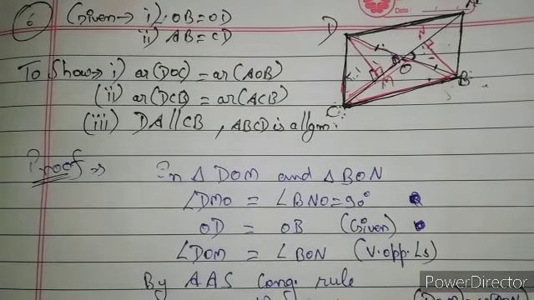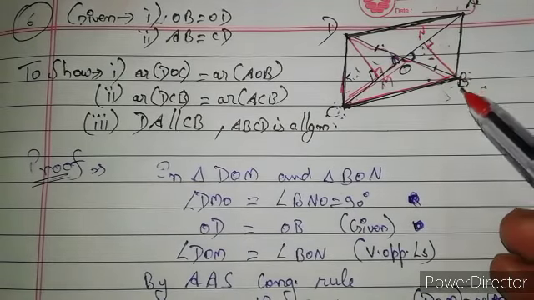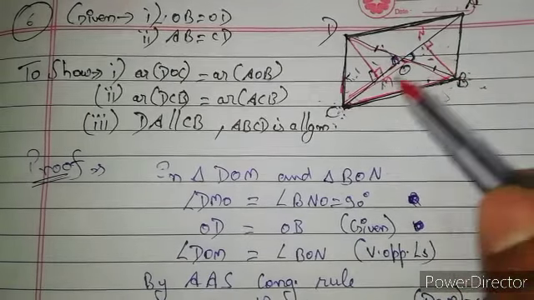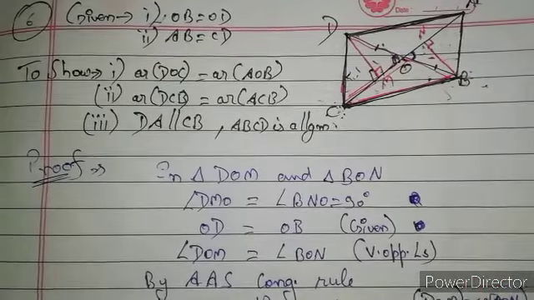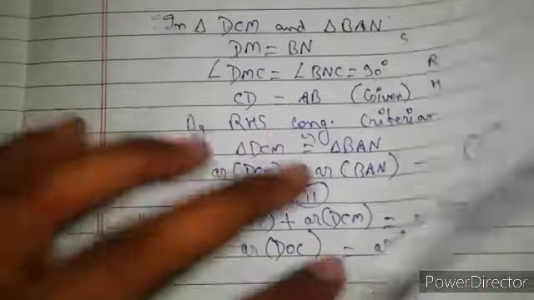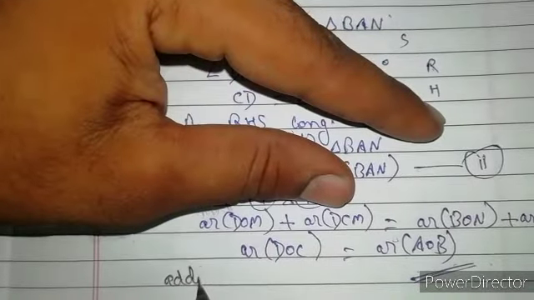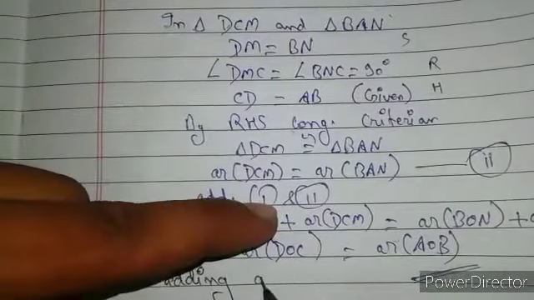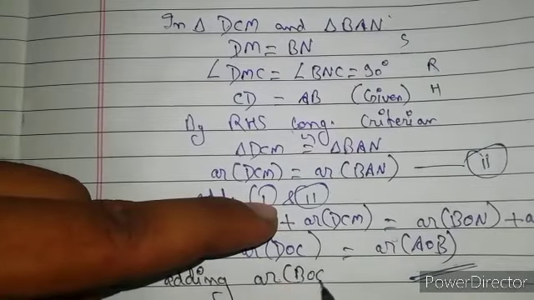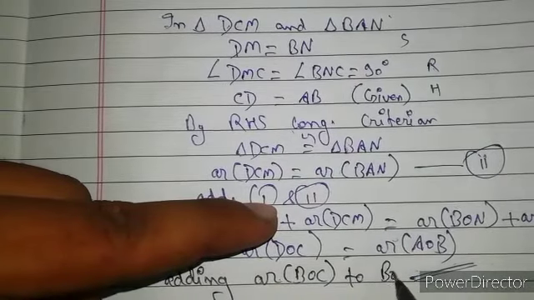So what we need to do is just add the area of triangle BOC to both the triangles that we have proved, okay. So let us add, means adding area of triangle BOC to both sides.